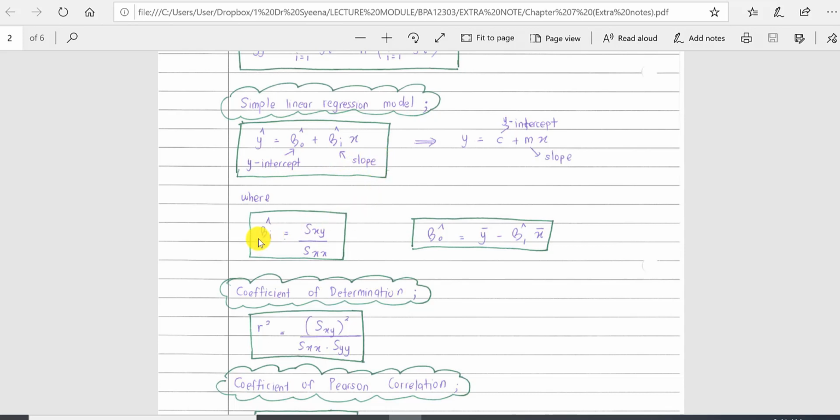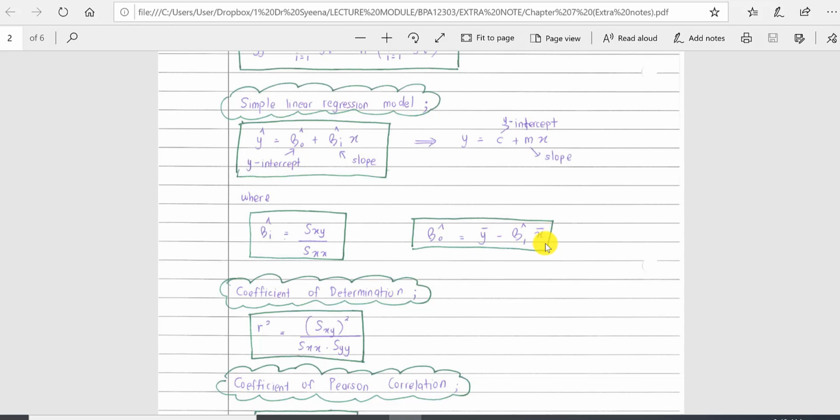The formula of beta one is Sxy over Sxx, and the formula of beta naught is equal to y bar, that means the mean of y, minus beta one times x bar, that means the mean of x.